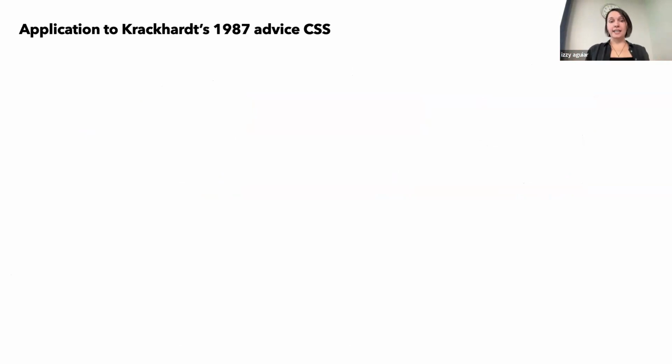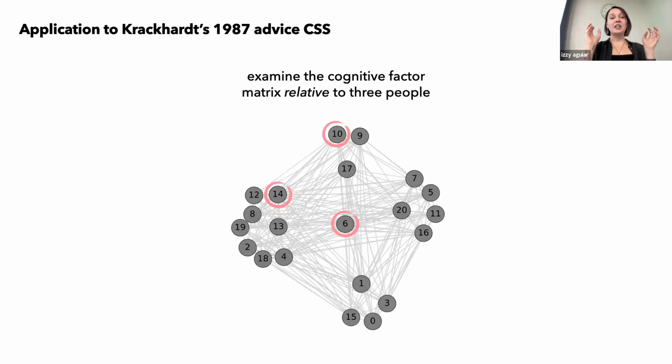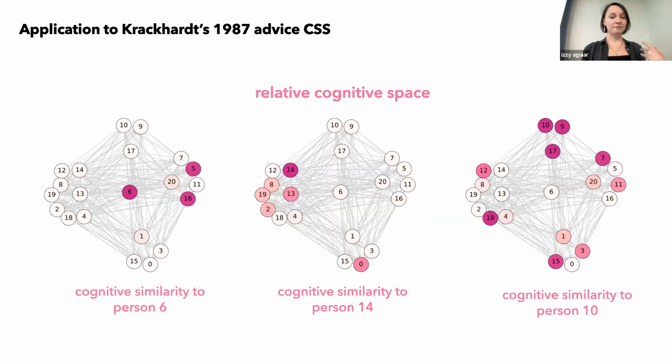So what we can do to interpret this cognitive space a little more is exactly what you were just asking about: we can take the core tensor and that cognitive factor matrix and rewrite it all in terms of 3 people's affinity matrices, so in terms of 3 people's identified relational schema. There's some linear algebra behind the scenes as to which 3 people we're choosing. But in this case, the 3 people identified are person 6, person 14, and person 10.